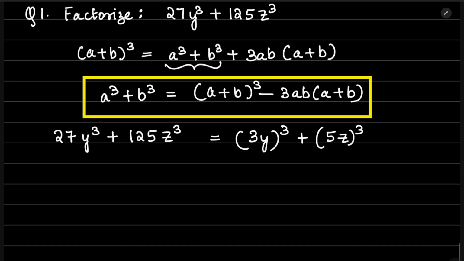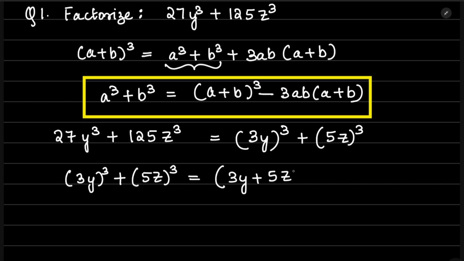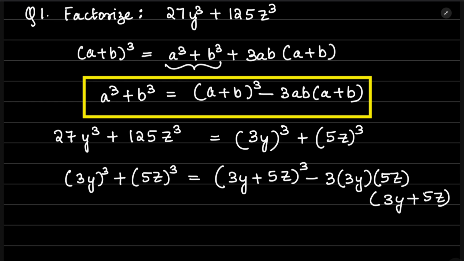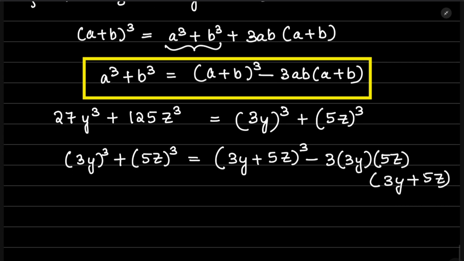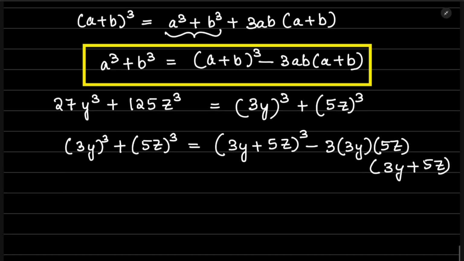You can write it as 3y plus 5z the whole cube minus 3ab into a plus b. What is a? A is 3y and b is 5z, so within the bracket you write 3y plus 5z. This is how you have to factorize it.